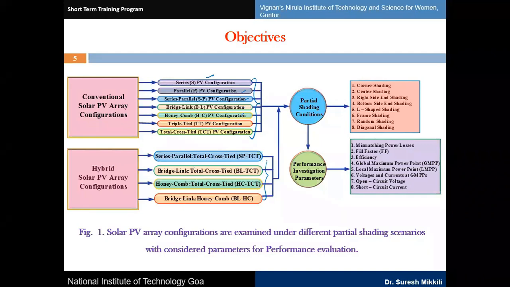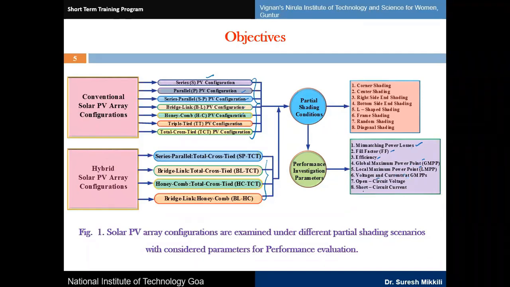By considering these configurations, we find how much mismatching loss there is in a particular configuration. What about the fill factor? How much efficiency is there? How much global maximum power and local maximum power? What are the voltage and current at that particular point?